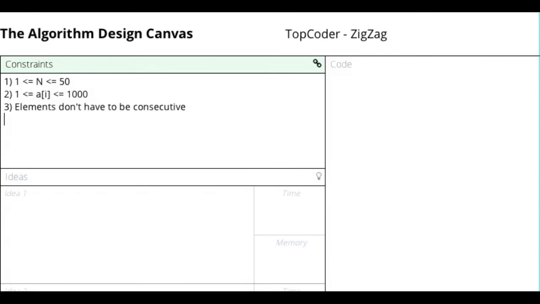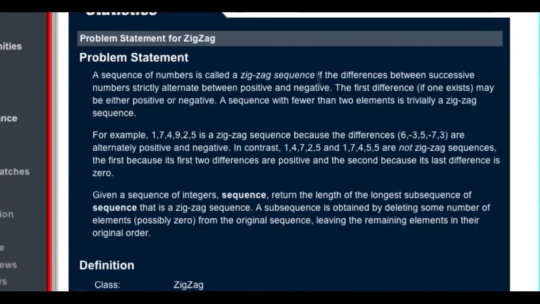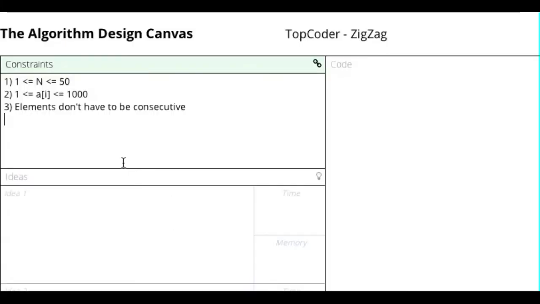Let's look at the statement again. And in this case, the first sentence, or actually the first paragraph, is going to be pretty telling. And look at this sentence. A sequence with fewer than 2 elements is trivially a zigzag sequence. Right, so then we can say something like 1 and 2 element subsequences are zigzag.